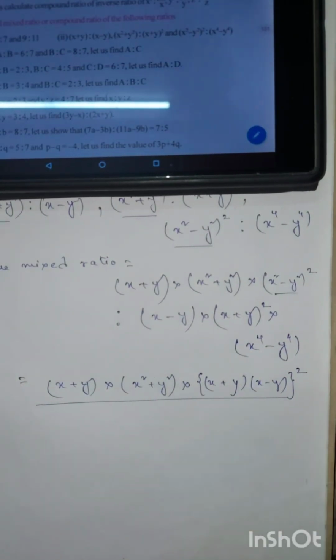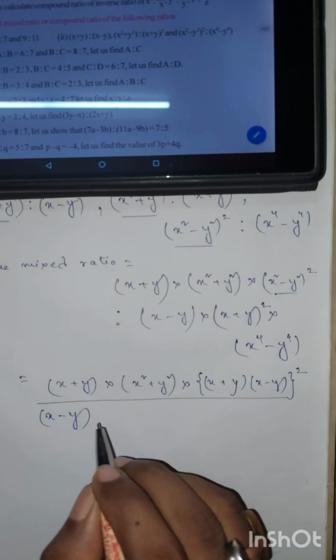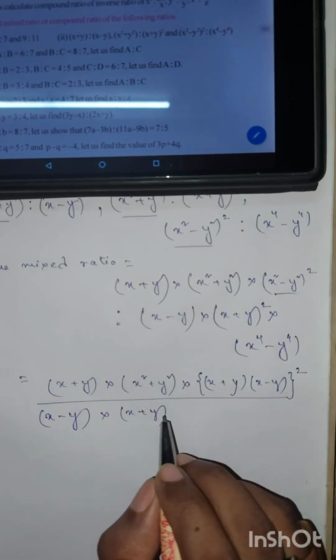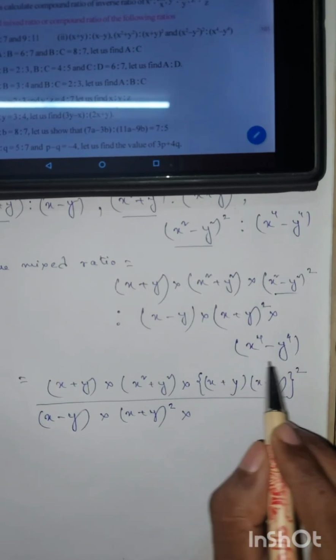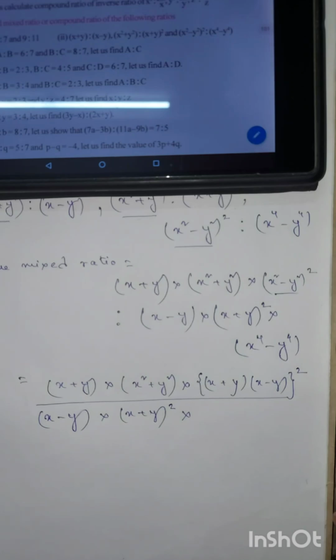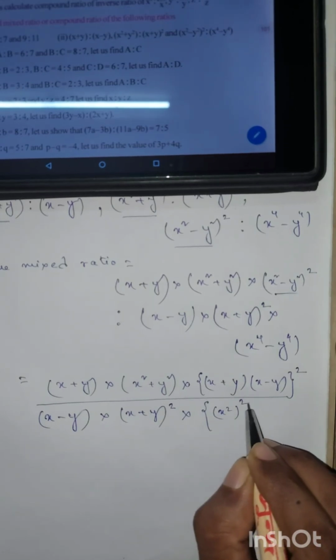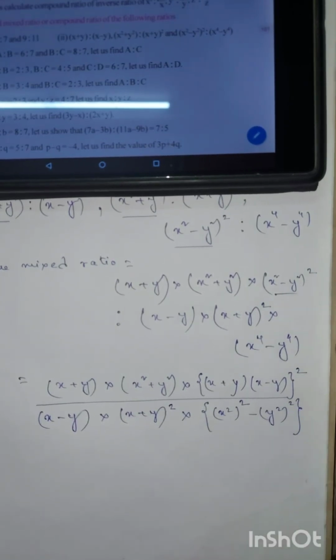Now the consequent part, and this thing x to the power 4 minus y to the power 4 can be written as x square whole square minus y square whole square.